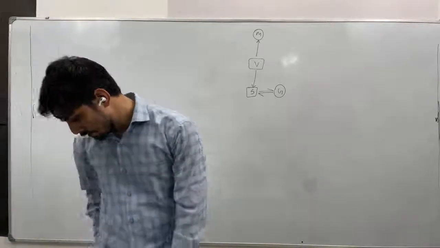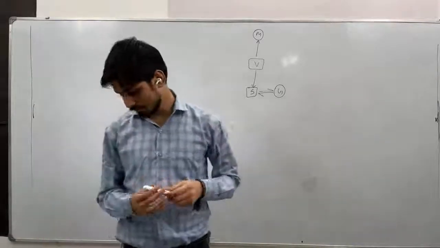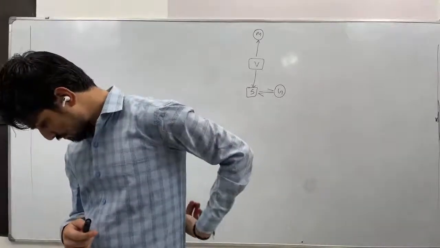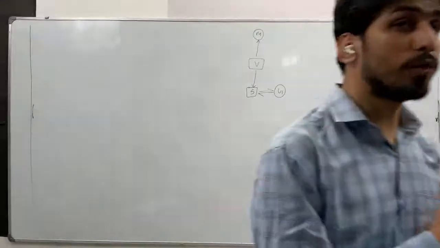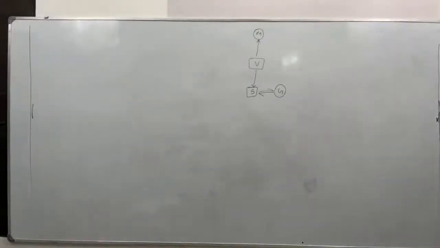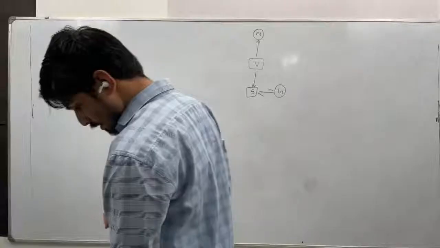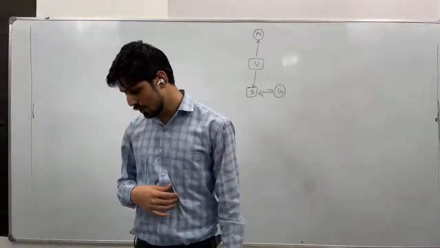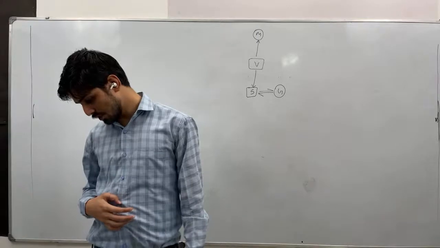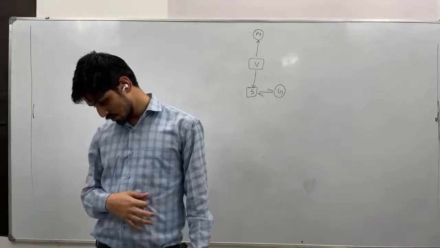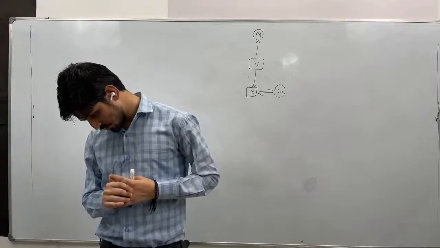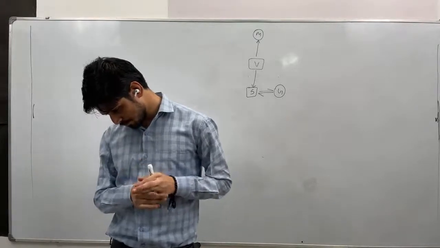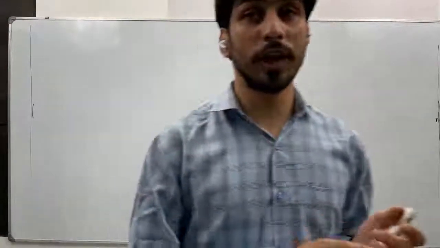Question number 4. First of all, draw the tree diagram. What are we given? We are given A is the brother of B and C is the sister of D. All of you try.